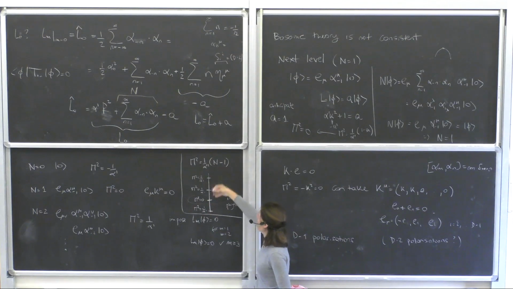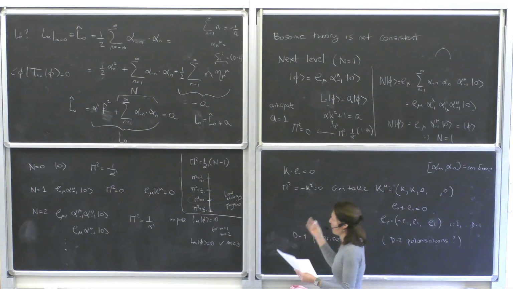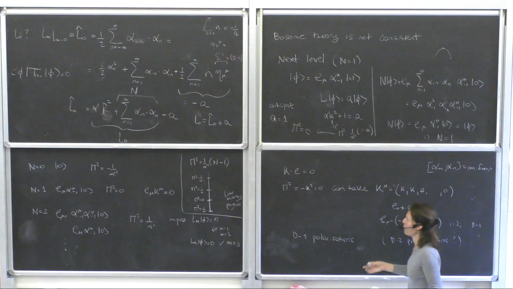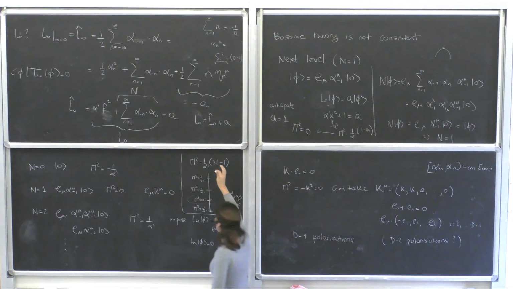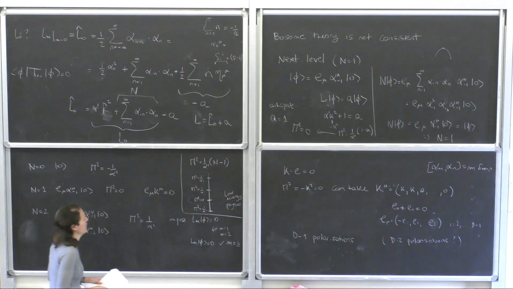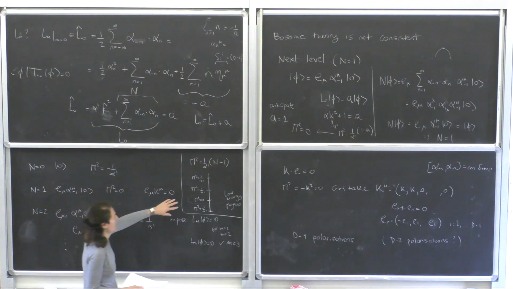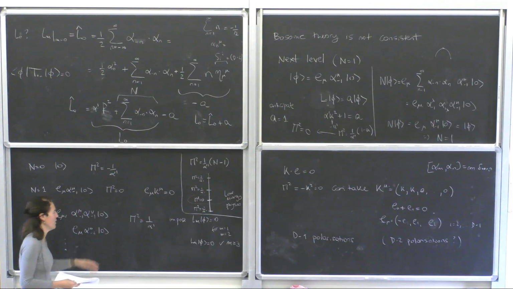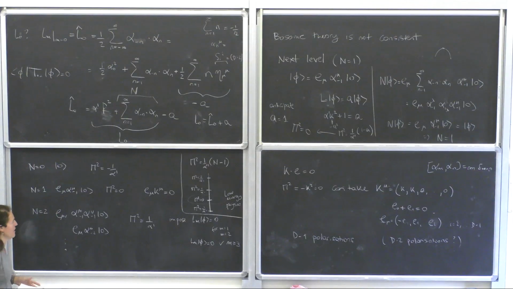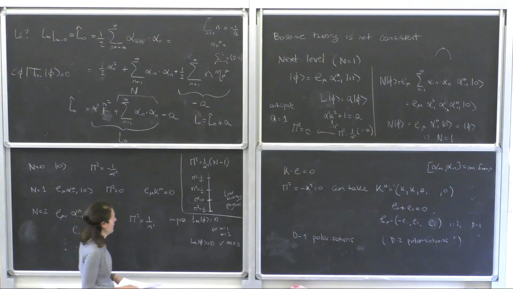But of course, this tower of states is very important for AdS/CFT and many other things. And actually a theory with one massless state, or with whatever d minus 2 massless states, is not consistent.